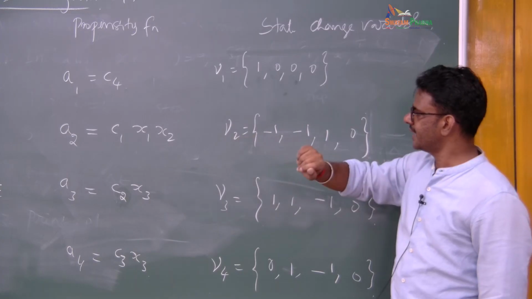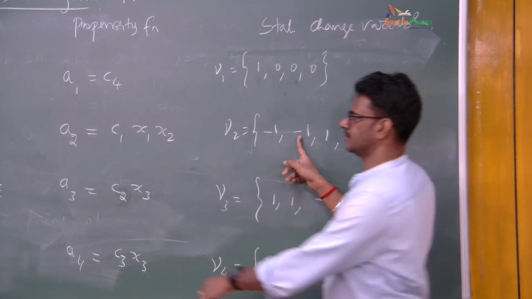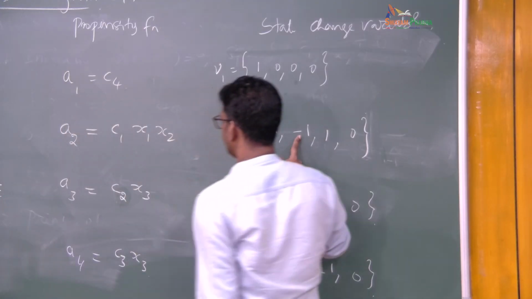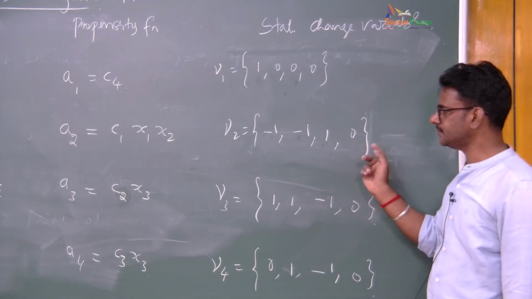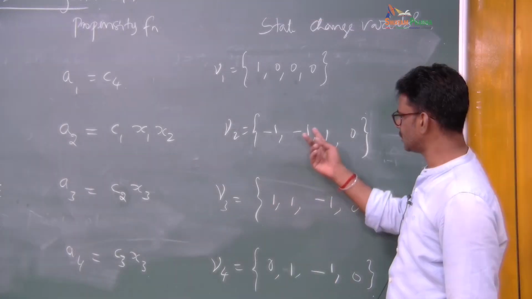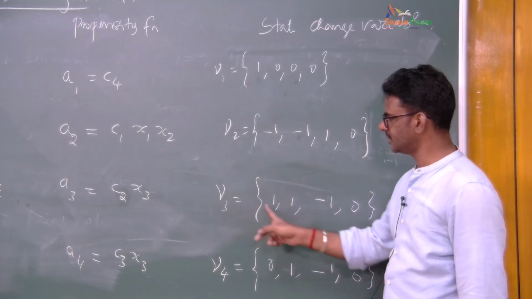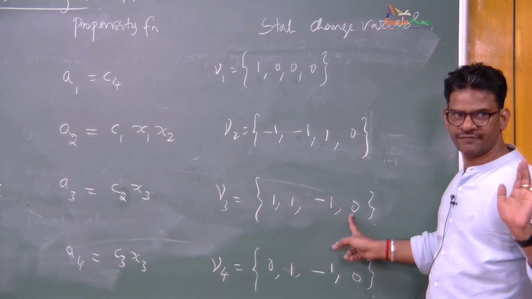If I look at the second reaction, S goes down by 1, E goes down by 1, and C increases by 1. X is not affected. Here this is just opposite. So you can see the inversion of this problem: in this reaction S is generated, E is generated, C is consumed, X is not affected.